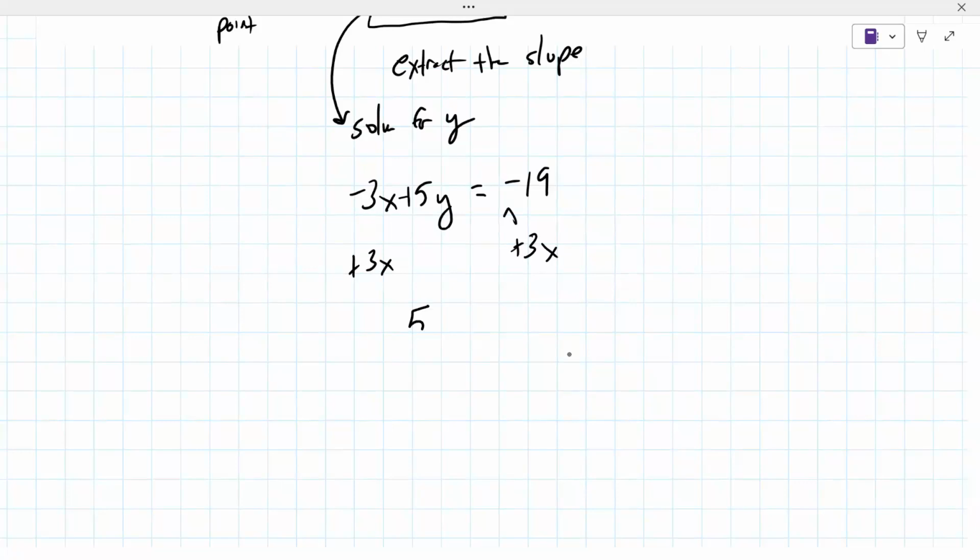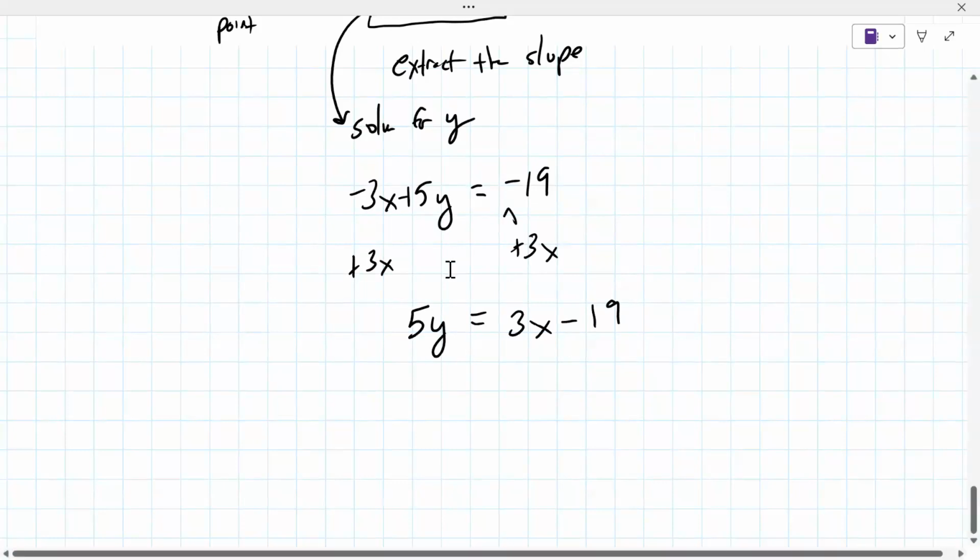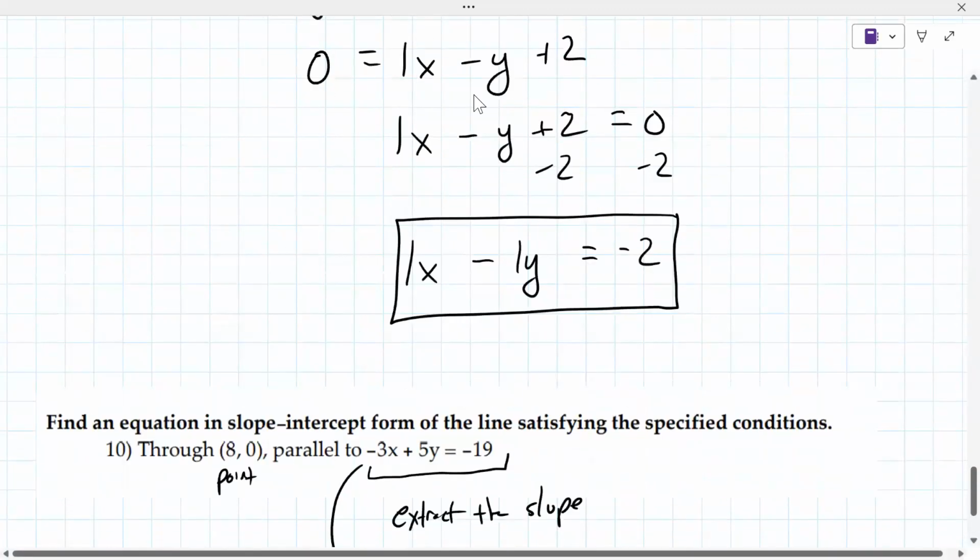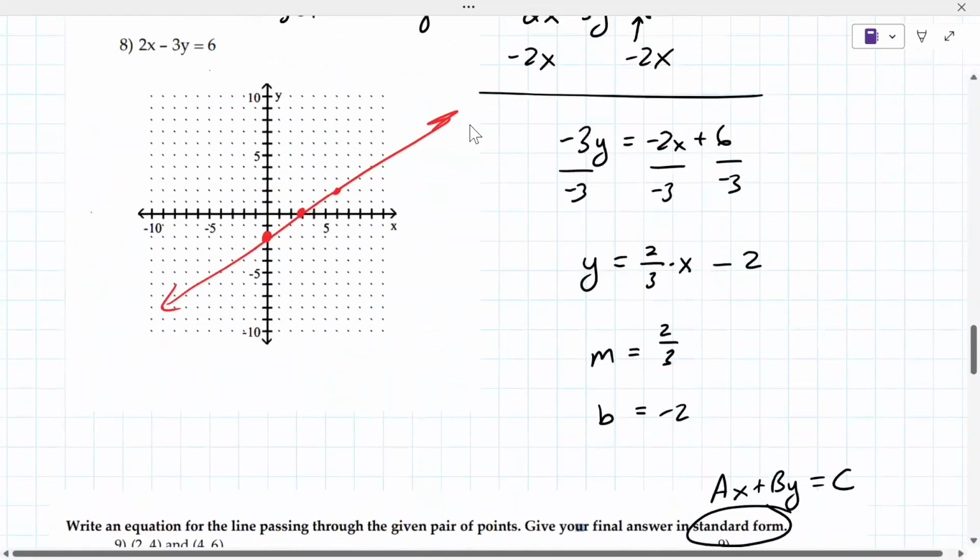All right, so this becomes 5y equals 3x minus 19. Then what do you do? How do you solve for y? No, we already moved the 3x. We wouldn't move it back. What did we do in that problem? Let's go back and look at number 8 again.